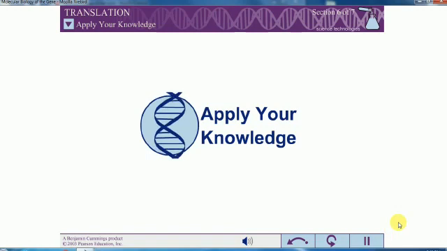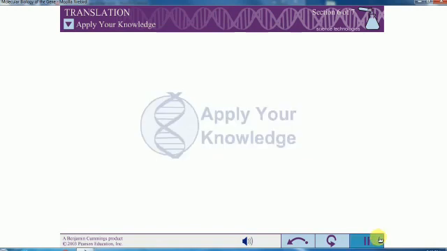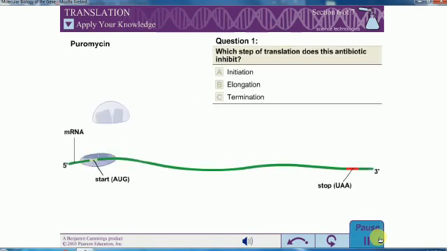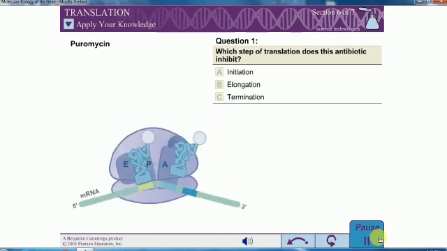Question 1. Which step of translation does this antibiotic inhibit? Question 2.